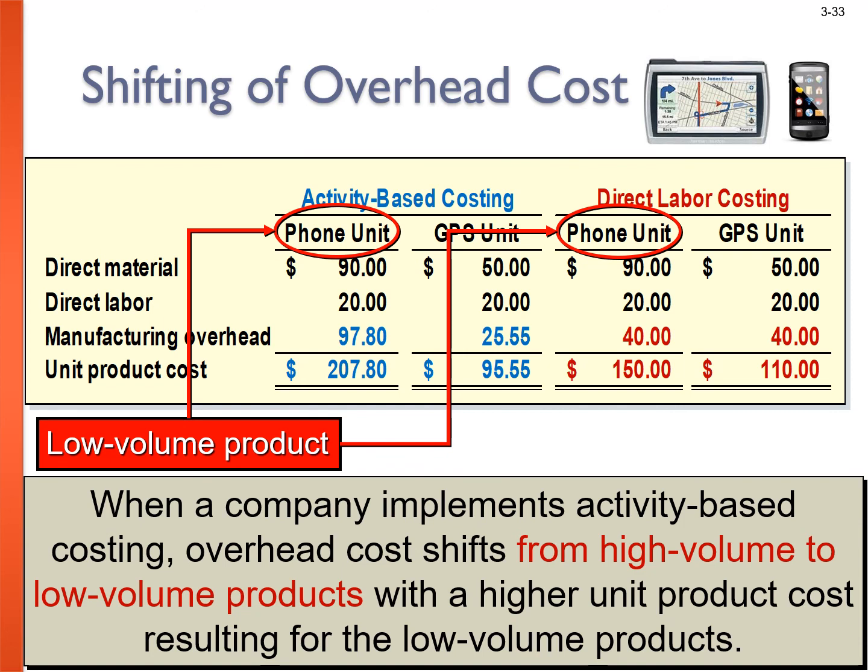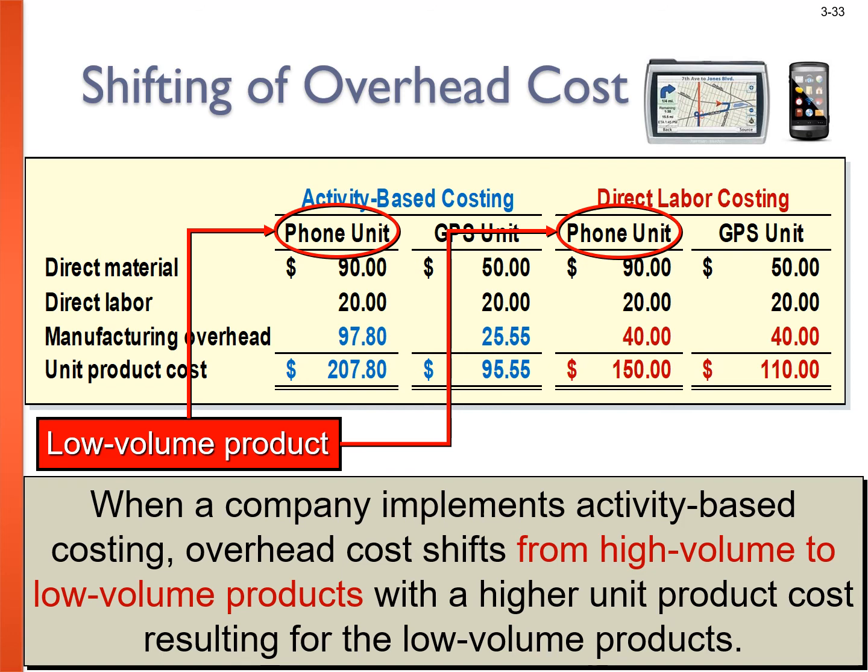And they're basically saying it's the number of hours you work on something. Well, not necessarily, because you can see how dramatically different these overhead rates are based on activity-based costing.